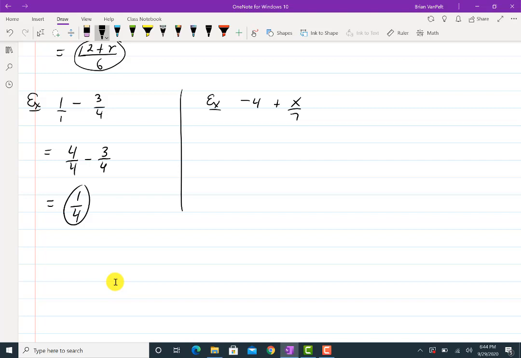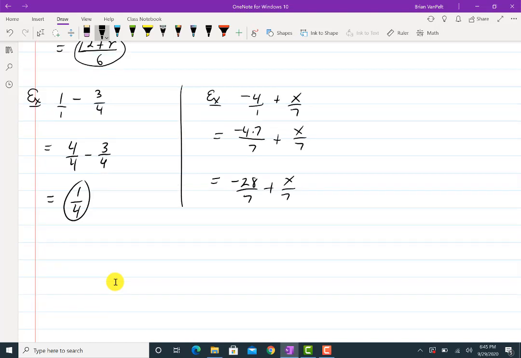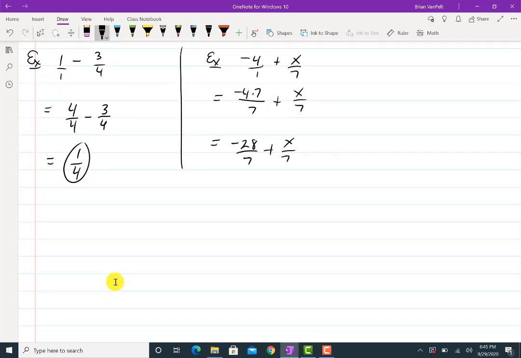So I will rewrite that as this, and then that negative 4 over 1, I need to change it to 7. I had to multiply by 7, so that's negative 4 times 7. We have negative 28 over 7 plus x over 7. And so I get negative 28 plus x over 7.